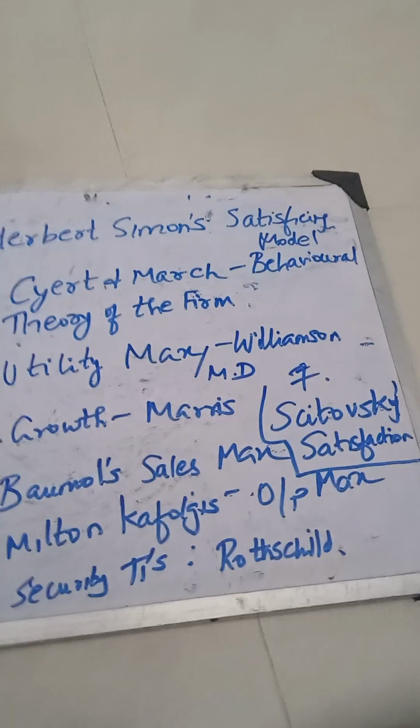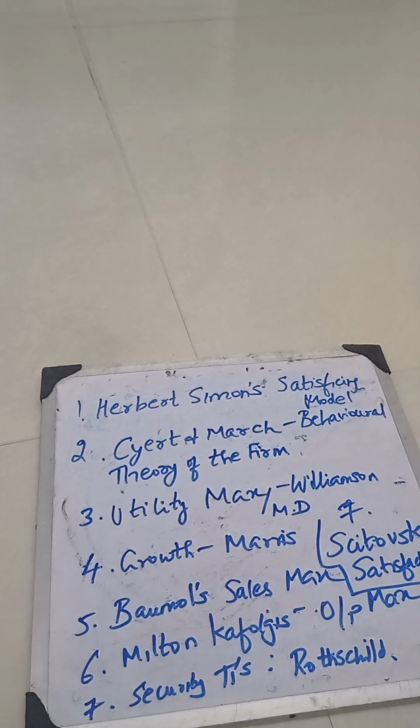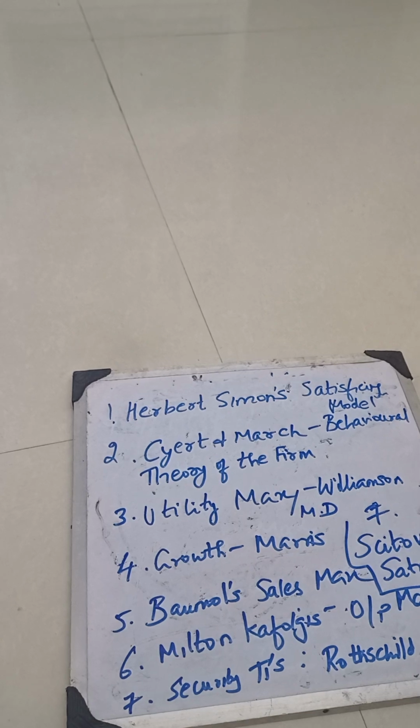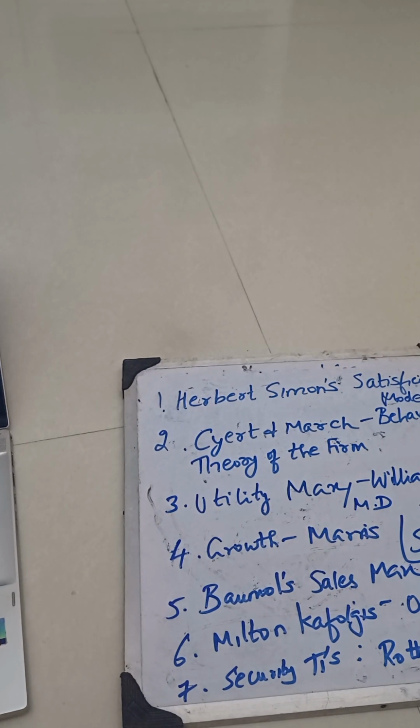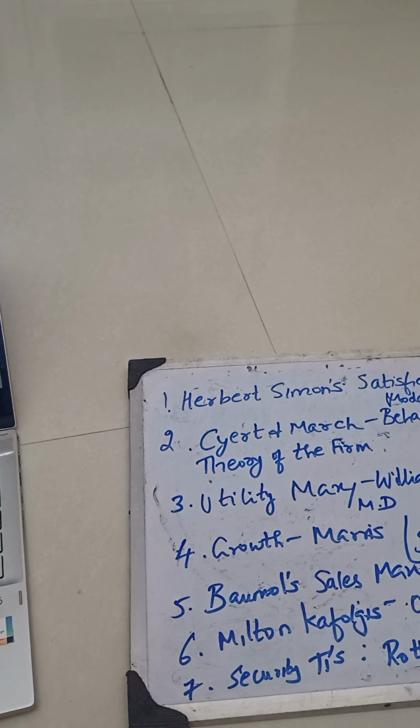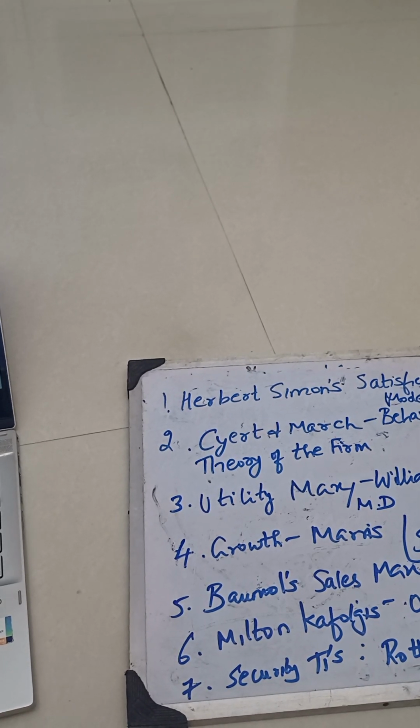And like this we can go on. With this we wind up this chapter on objectives of the firm. It's important for students of managerial economics to have a clear understanding of the various objectives of the firm.